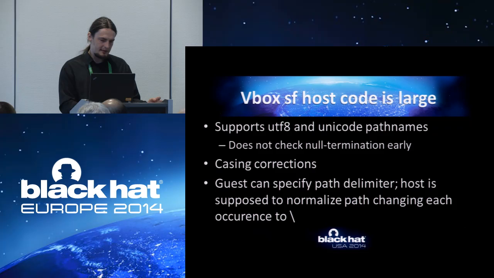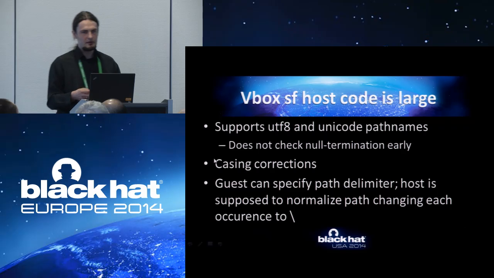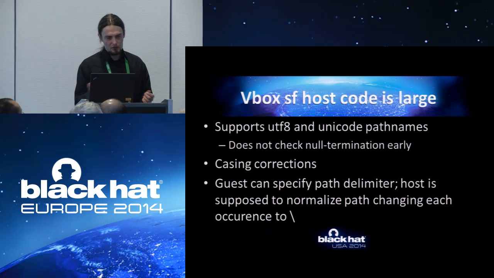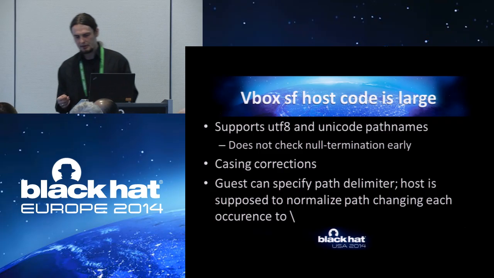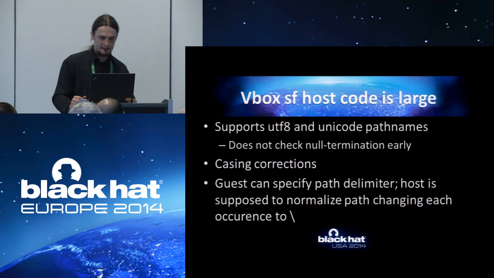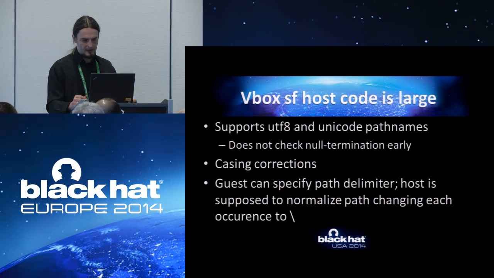Also, this code needs to do casing corrections, right? So if your VM is Windows, that usually does not care about the casing of the path names, but the host is Linux that distinguishes the path names of different casing, then you have to adjust casing in some cases. And again, all of it is done in the hypervisor.